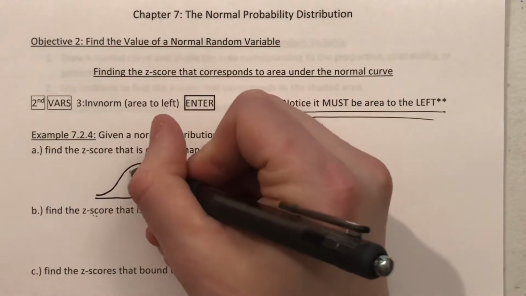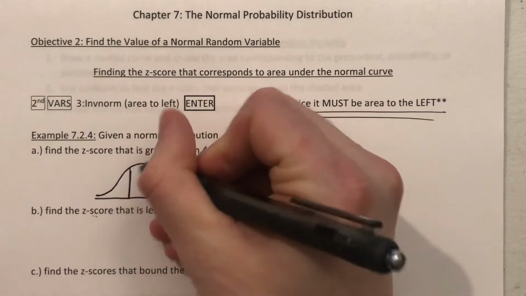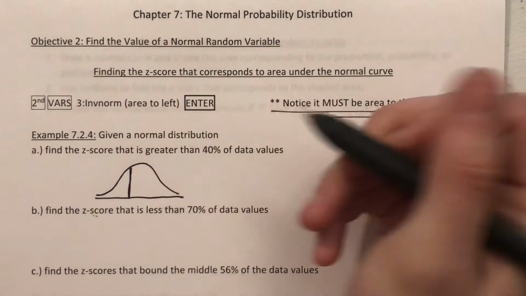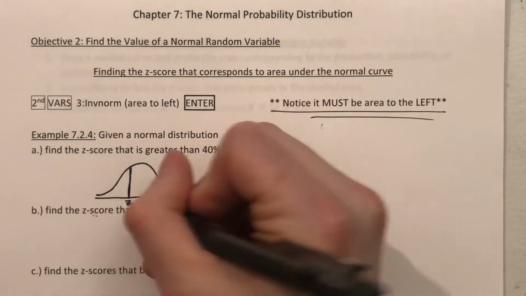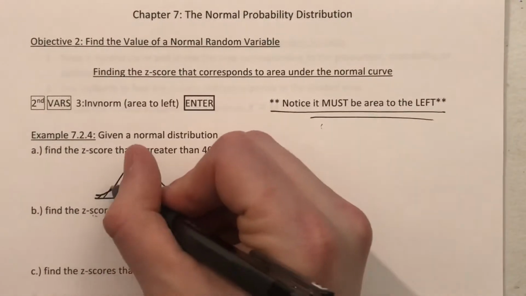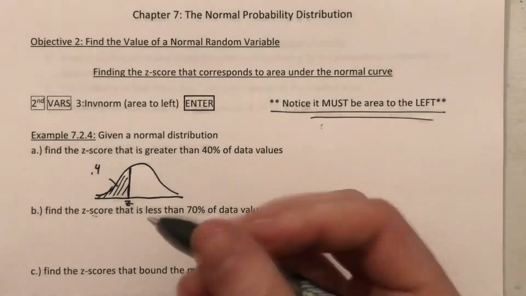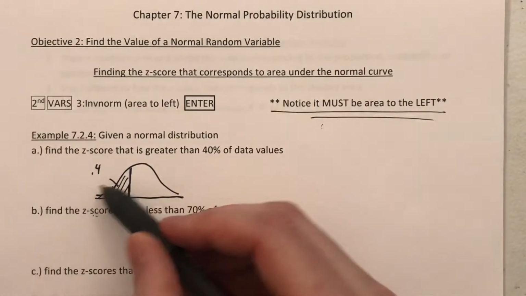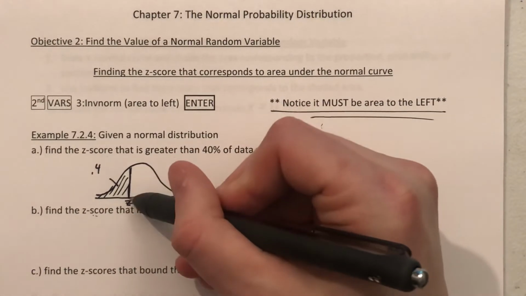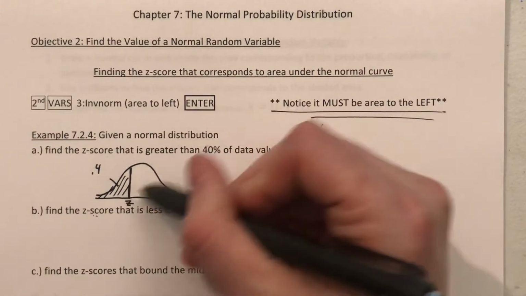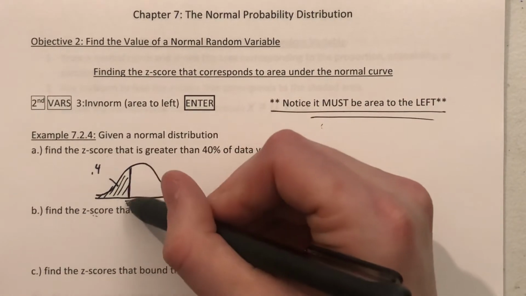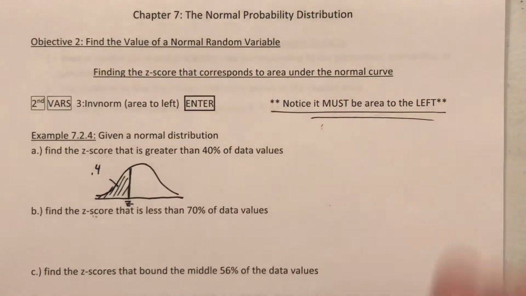So our line to represent that would be somewhere to the left of center a little bit, because what we're saying is this place right here, wherever that z-score is, has 40%, 0.40 to its left, right? This is the z-score that's larger than, greater than, above 40% of the data values.